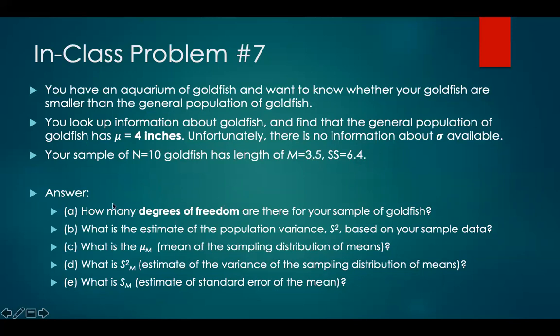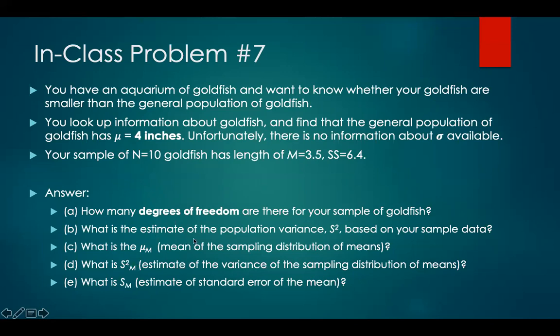So I want you to tell me how many degrees of freedom there are for your sample of goldfish. And again, this will be based on your sample size. What is the estimate of the population variance based on your sample data? So that is S squared. Just look back in the slides to find the formula. What is the mean of the sampling distribution of means? And this is somewhat easy. It should be the same as the population.